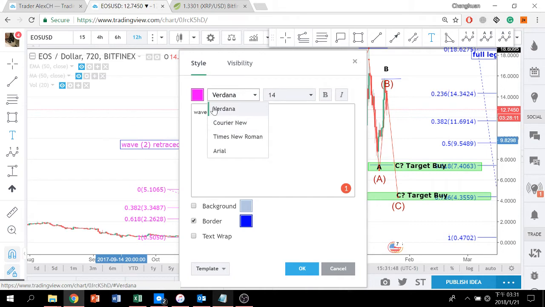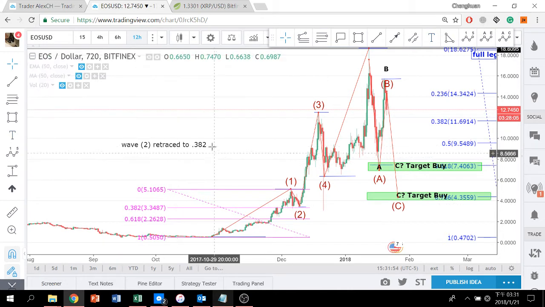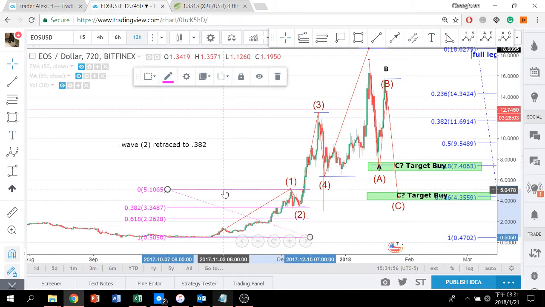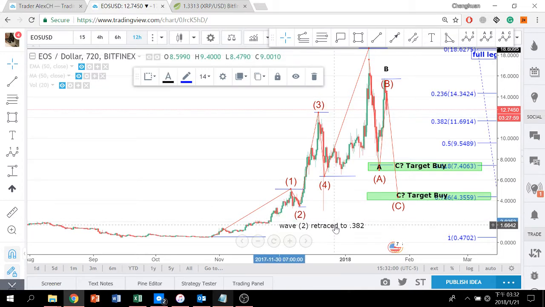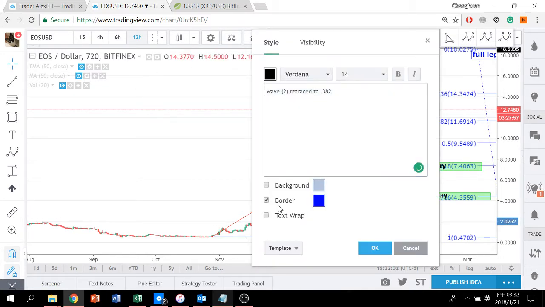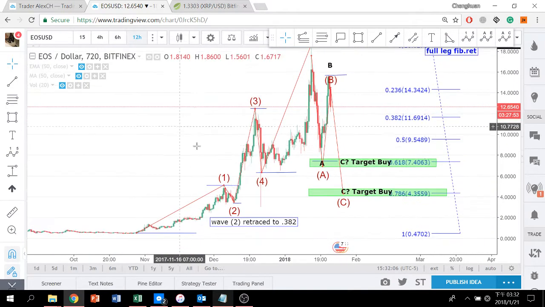Let's get rid of this tool just to keep it clean. Actually, let's keep the border, so we know what we're looking at. Okay, so wave 2 retraced to 0.32.